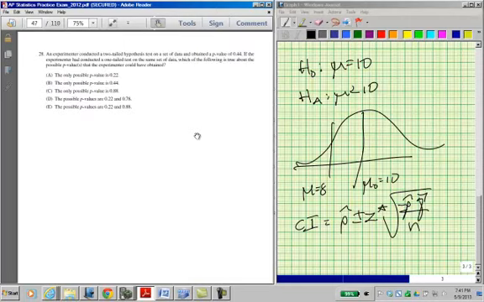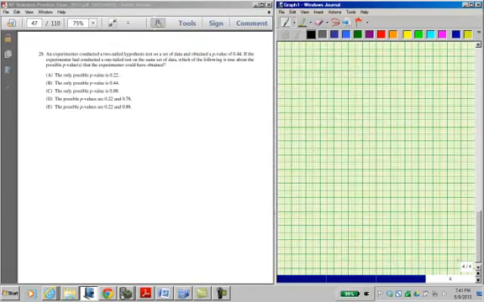An experimenter conducted a two-tailed hypothesis test. Okay, it's two-tailed, and the p-value is 0.44. So it means you got 0.22 in each tail. Now we're going to do a one-tailed test. You can think the answer is 0.22, however, that's only if you did, let's say, less than.